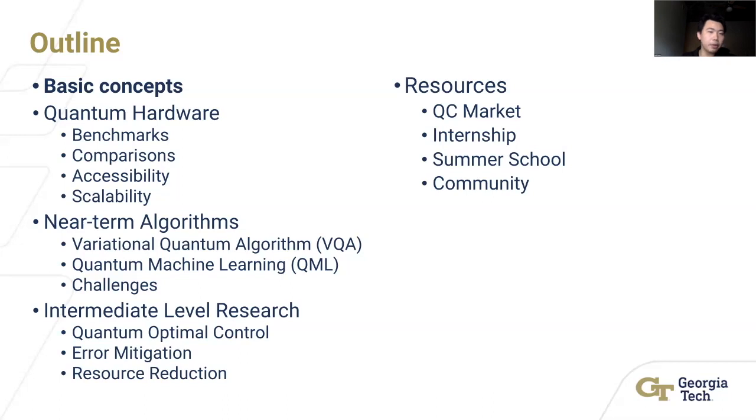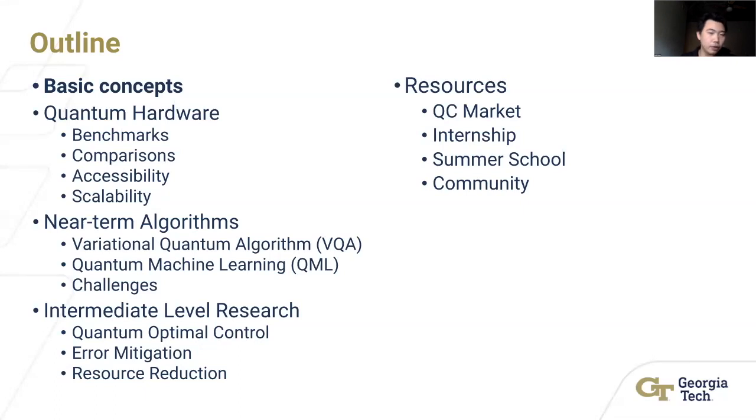After talking about hardware, I'm going to spend some time, maybe 10 minutes, on what I am used to doing, which is mostly variational quantum algorithms and some part of quantum machine learning. I think those are very interesting to me. I'm not going to talk about classic quantum algorithms like Shor's, but mostly focus on the near term.